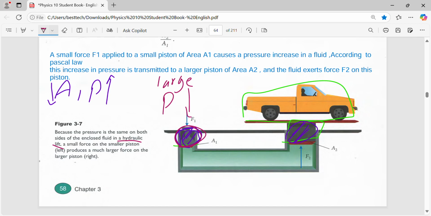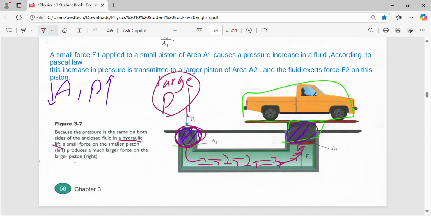This large pressure inside the container is transmitted equally at every point until it gets to the second piston. So according to the first piston, we get a large pressure, and this large pressure, even inside the container walls, is transmitted equally until it gets to the second piston.